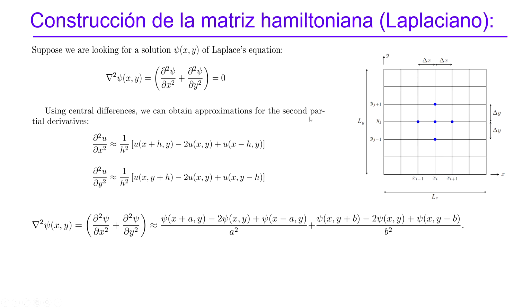The approximation for the second partial derivatives, we can express the second derivative in this form. It's a pretty good approximation. And when we add these approximations, we have this form.